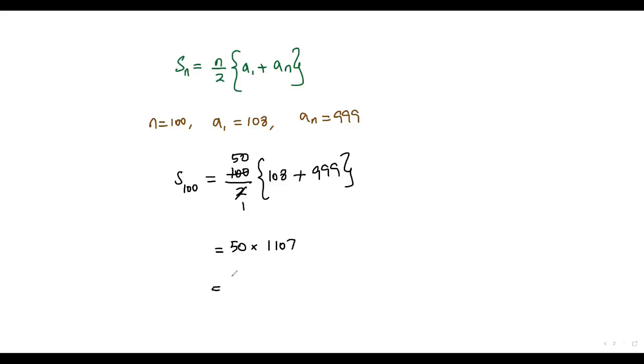When I multiply 50 and 1107, I get 55,350. So the sum of the terms in the arithmetic series is 55,350. That is, the sum of all 3-digit natural numbers which are divisible by 9 is 55,350.